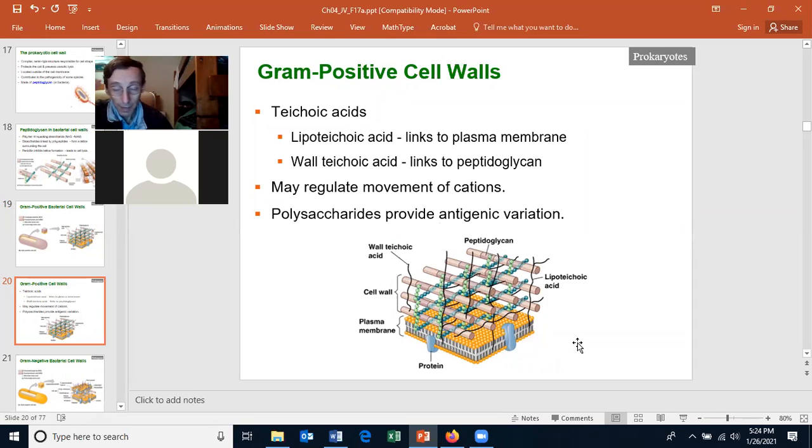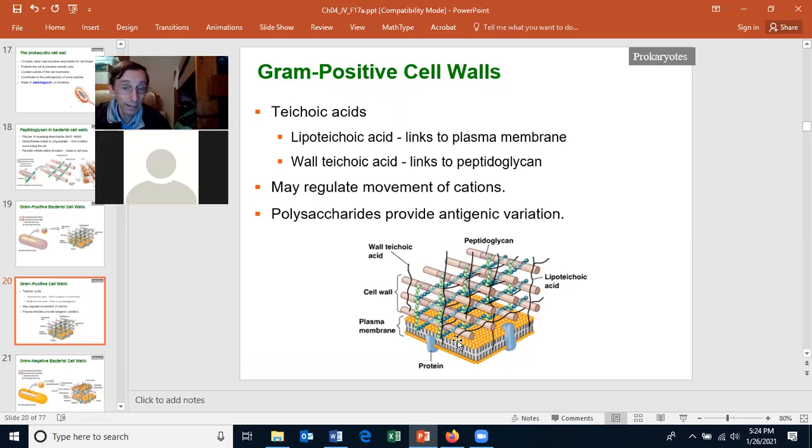And it's not essential, because lipid soluble molecules can move right through the cell wall, because the cell wall is mostly peptidoglycan, and it is a polar molecule. It can dissolve in water. So water soluble molecules can move right through the cell wall.